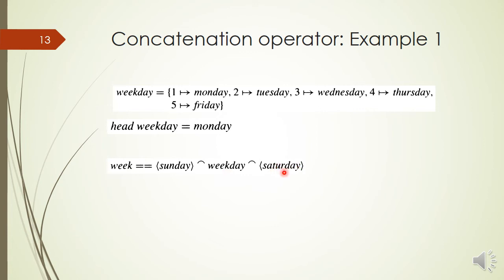Saturday is a single value and you need to make it a sequence by applying the angle brackets on it. So there are basically three sequences, and by concatenating these three sequences you can get a single sequence with the name week.